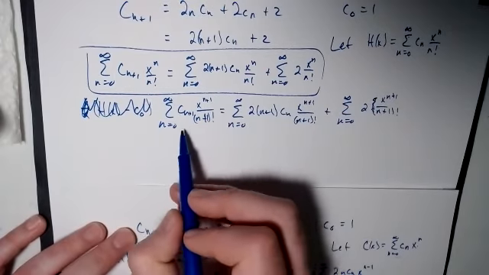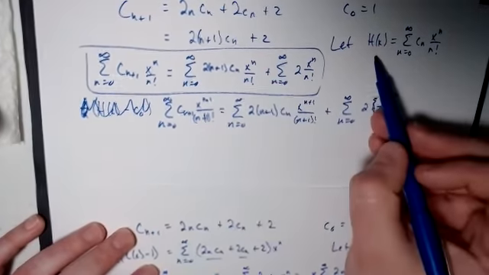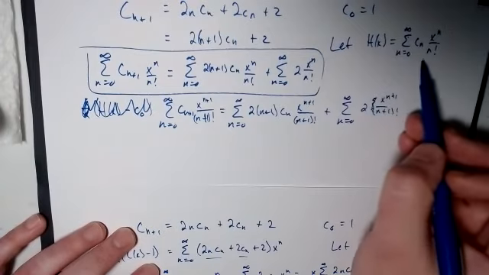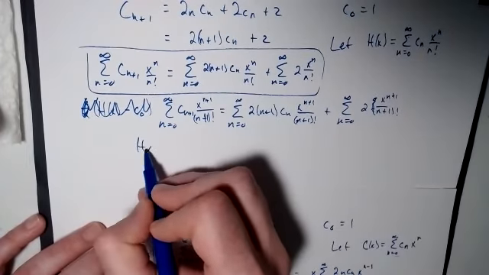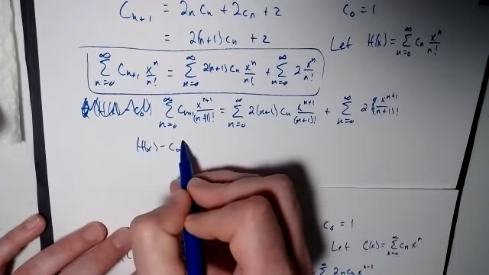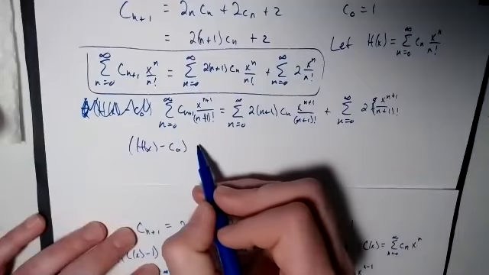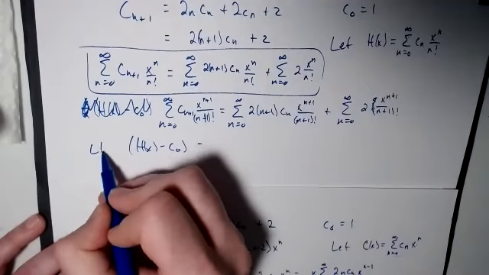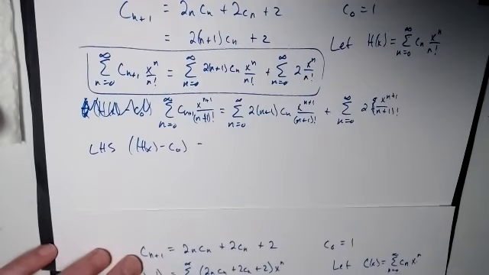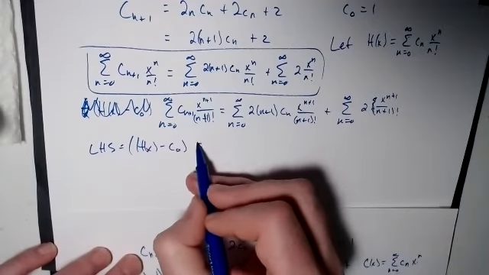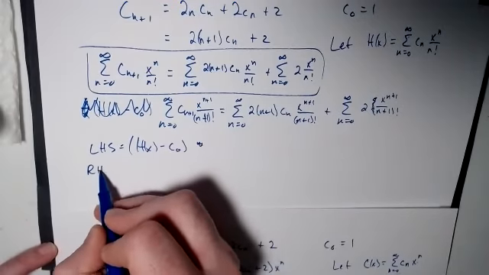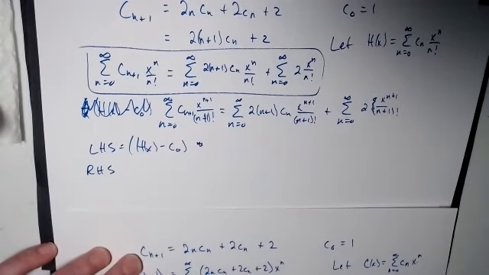So this guy right here is just h of x, except it doesn't have the C0 term. So that's h of x minus C0. That's the left-hand side. The right-hand side, let's see.